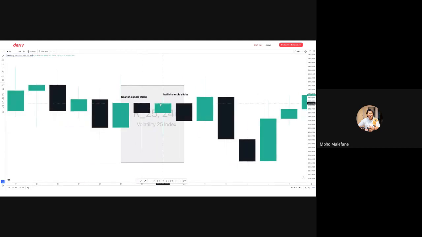Now, this is the bearish, this is the bullish. Most times the bearish color is red, but mine is in black. Like I said, I customize it. It's just telling you that the market is selling. When the market is selling or going downward, it's called bearish. Let's put it on selling. Or if it is green, it's buying, or it's going in a bullish move.